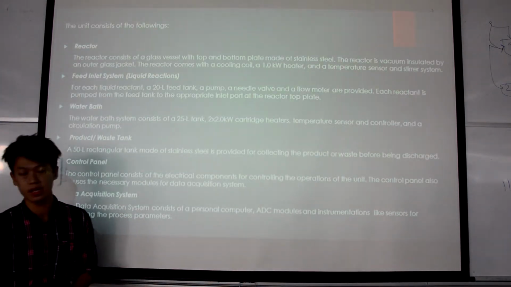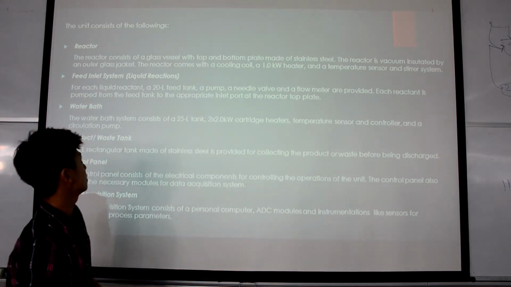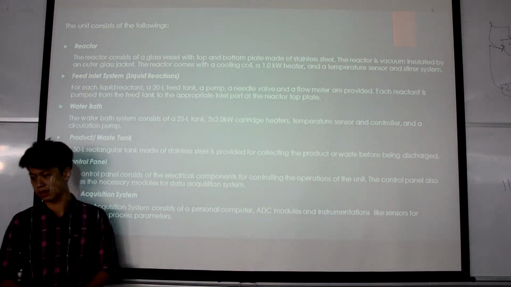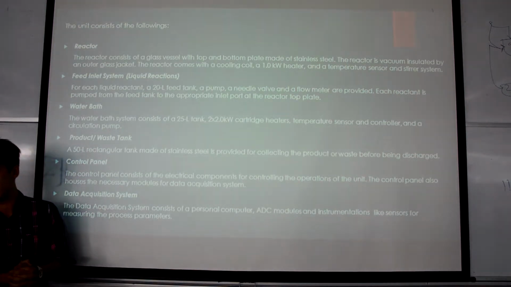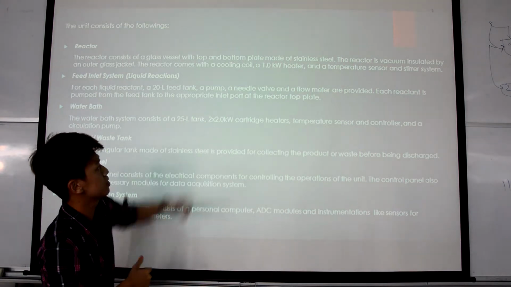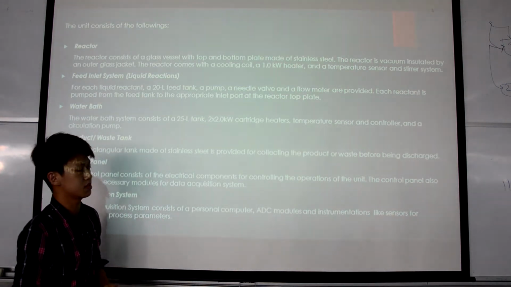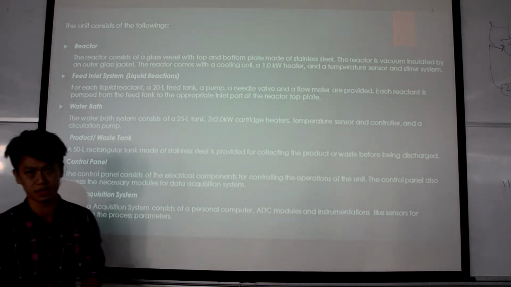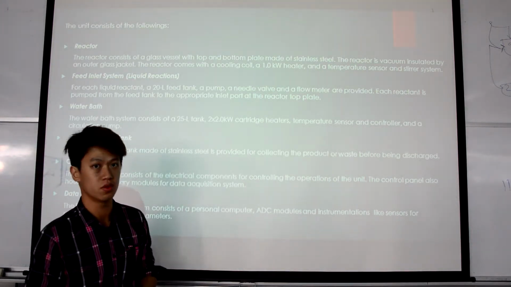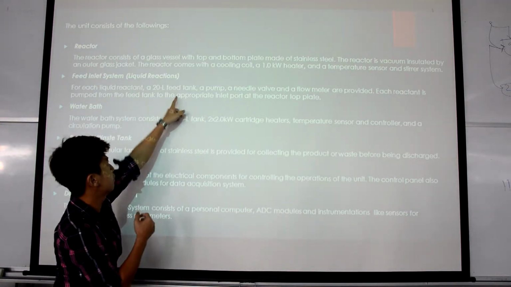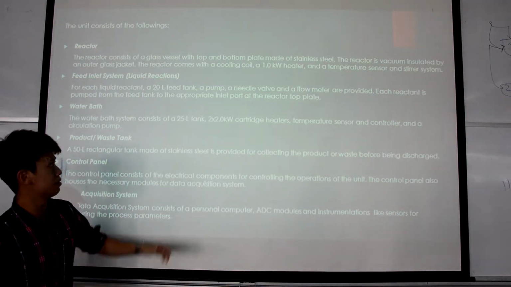Now, a batch reactor must consist of the reactor first. The reactor must have a tank bottom made of stainless steel, and it consists of the heater, temperature and the stirrer system. Then we have the feed inlet system, whereby we have 2 feeds in this experiment, and each feed tank is about 20 liters large.